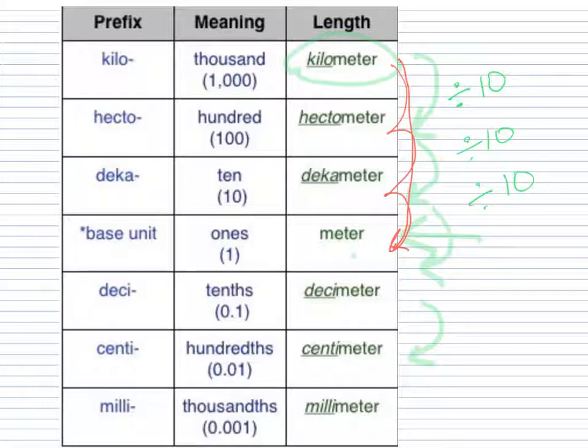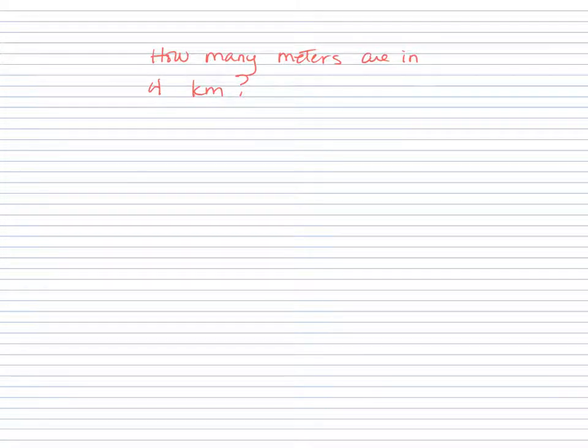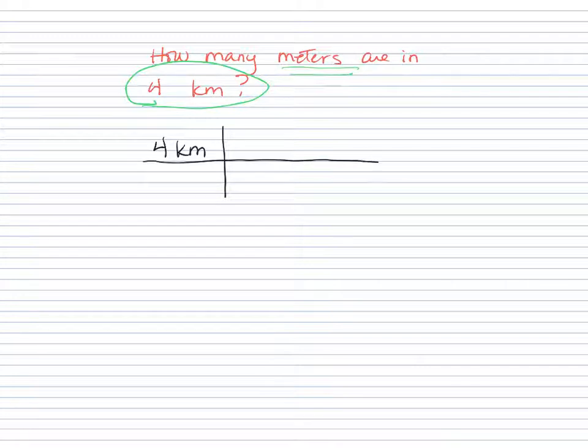So let's just do an example. What if you wanted to know how many meters are there in 4 kilometers? We have kilometers, and we want to know how many meters there are. Well, one thing that you can do is think of it this way. We have 4 kilometers, and I also know, I'm going to make a little chart here, that there are 1,000 meters in 1 kilometer.